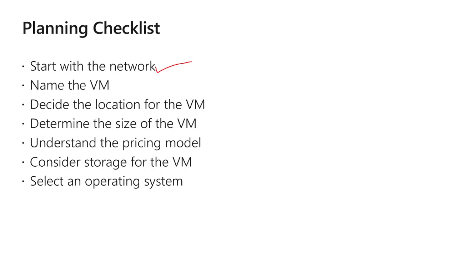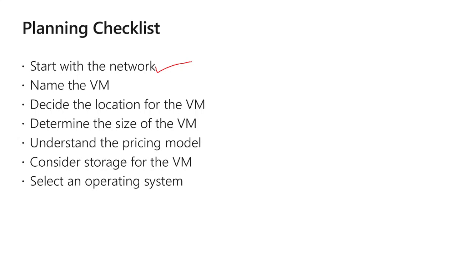You cannot put UAT and production in the same network. Why? Because most of the time in development and UAT, you keep things open. You don't tighten things. In production, you tighten things. You don't allow interaction with any unusable or unnecessary things, right? So you cannot have the same network. You have to choose the right network.